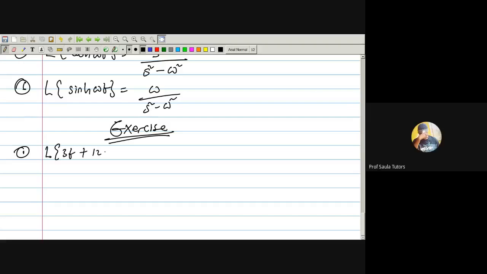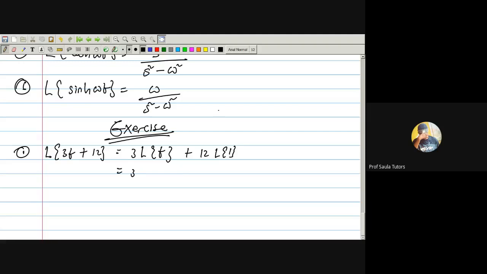3t plus 12. Don't forget, I can separate the Laplace transform to be 3 Laplace of t plus 12 Laplace of 1. What is the Laplace of the function t?